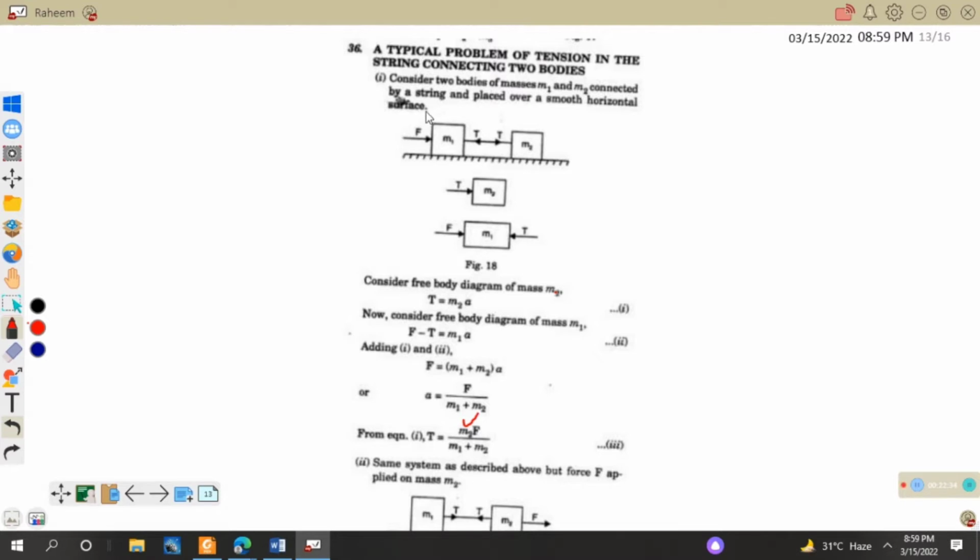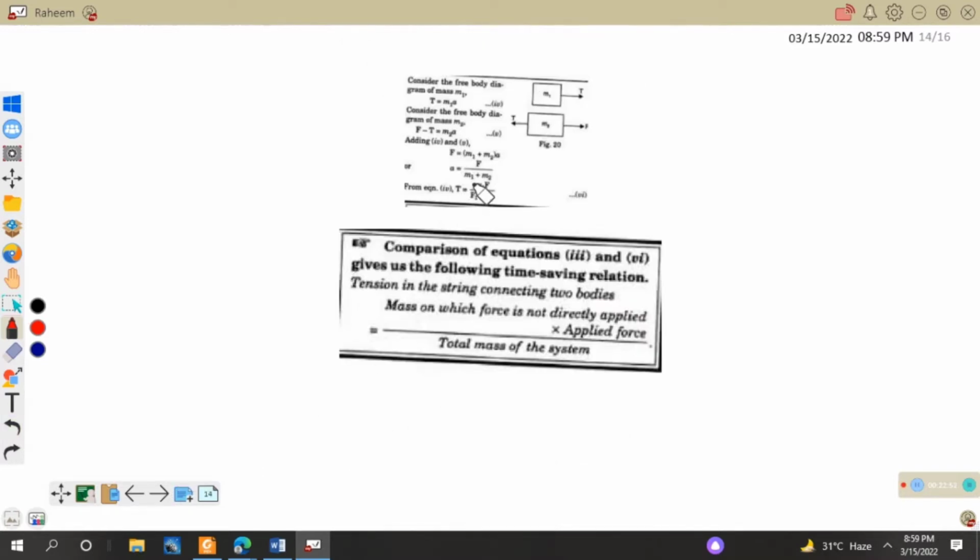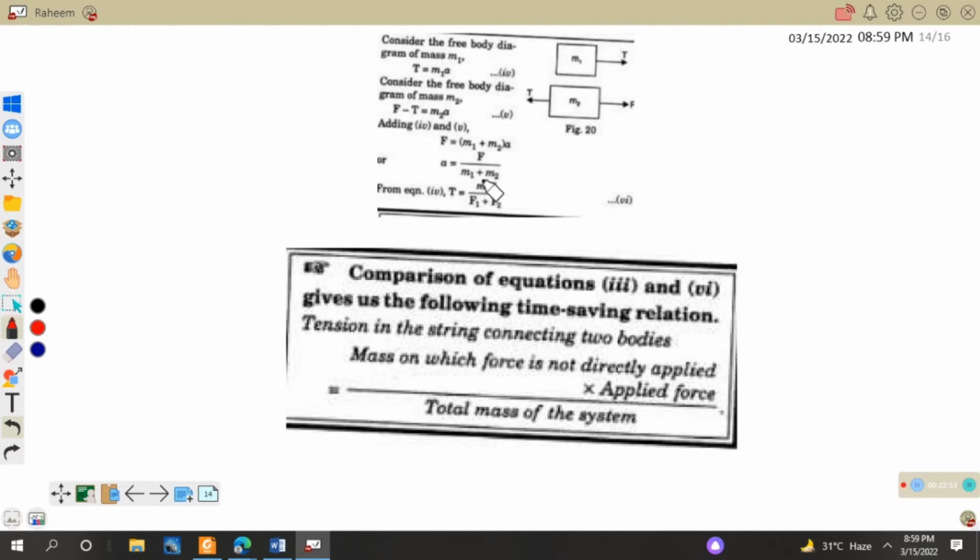Similarly, if our applied force is on m2, we will have the term m1. So the tension will be equal to m1F over m1 plus m2. Why? Because in this case our applied force was on m2.